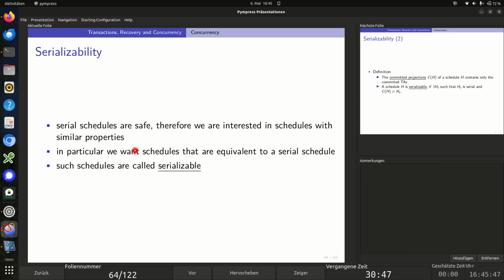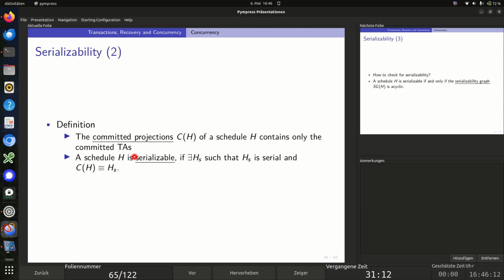If you can make a schedule serial, it's serializable. This is the definition of serializability. It would be the perfect state, because a serial execution gives isolation to everyone, and this is actually what databases want to have. So we only allow serializable schedules.